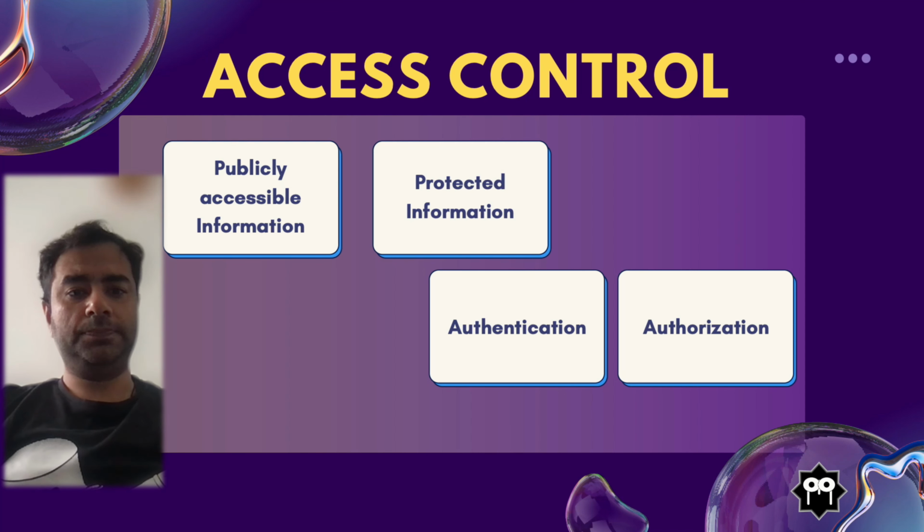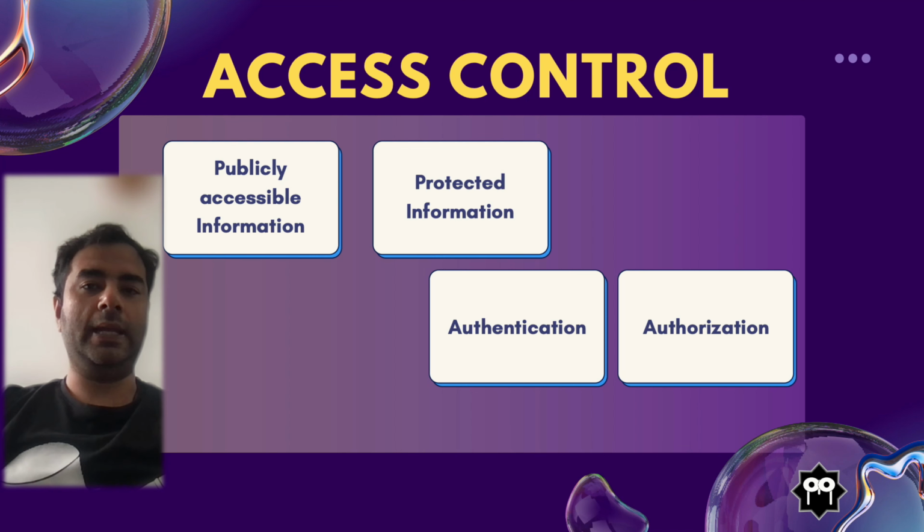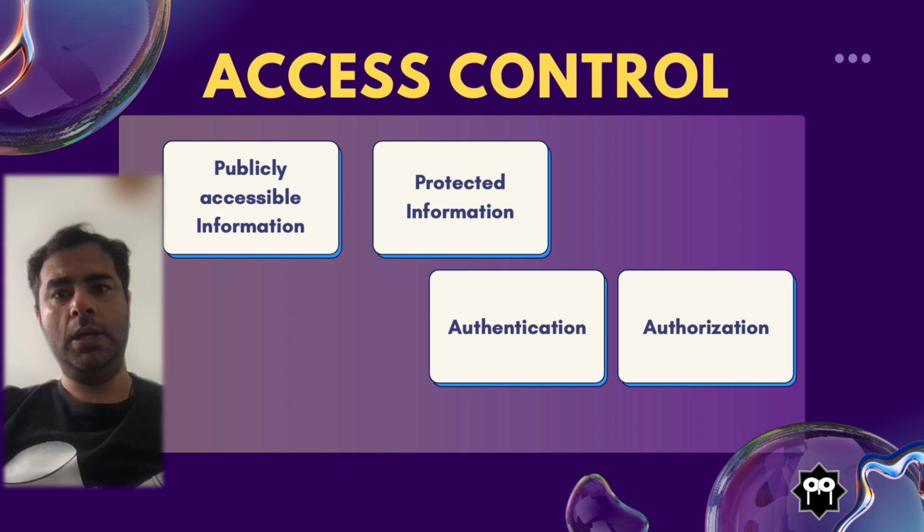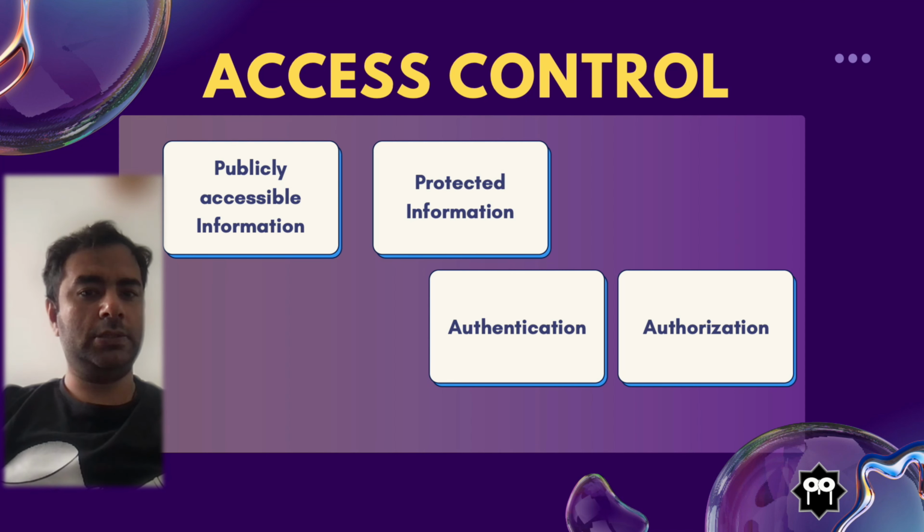In that sense, we can divide our information or storage into certain categories. For example, publicly accessible information. This information is accessible to the outside world, and hence it must never contain any sensitive information about anybody. No passwords, no logging information, no customer identifiers must be shared publicly, even by mistake.